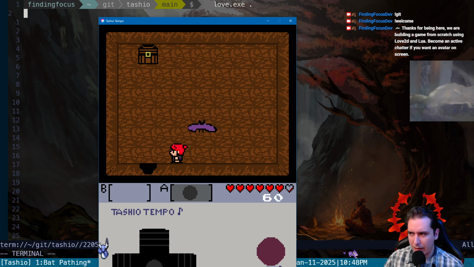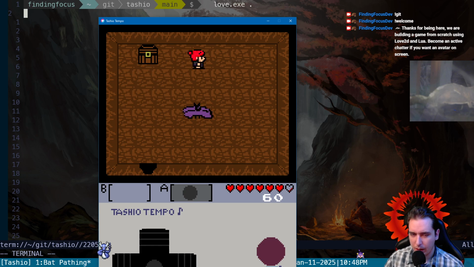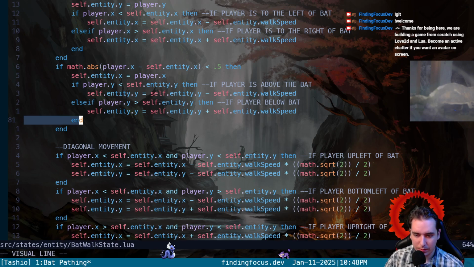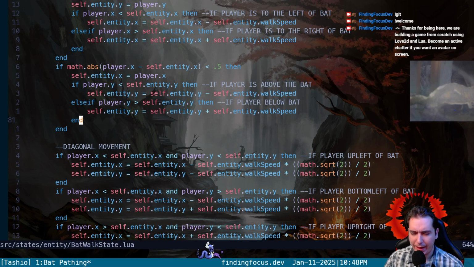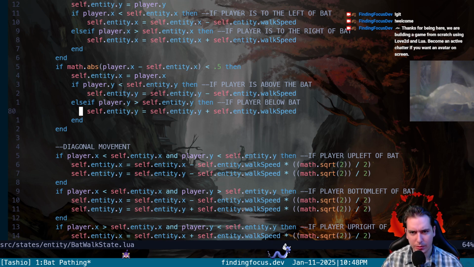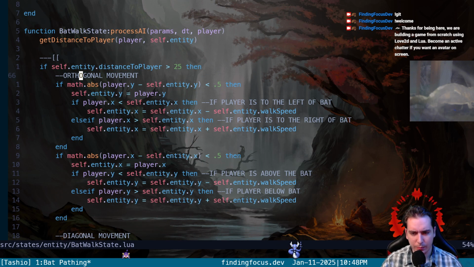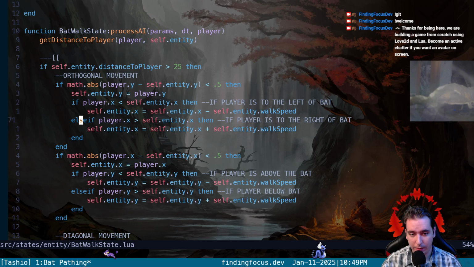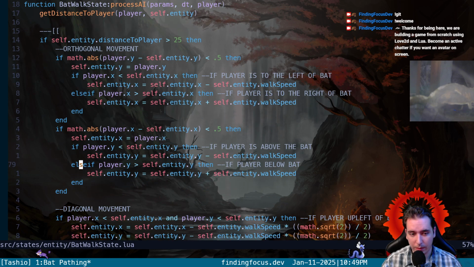So I want to fix this by tweaking some stuff. Right here, depending on the position of the bat in relation to the player, we're moving directly towards the player if it's orthogonal, either up, down, left, or right.